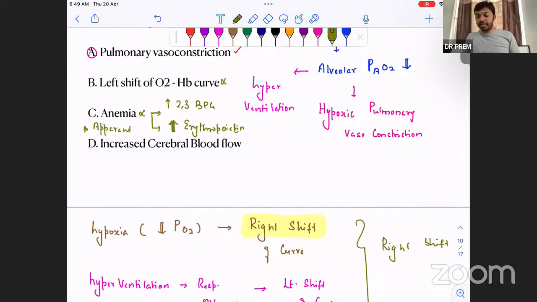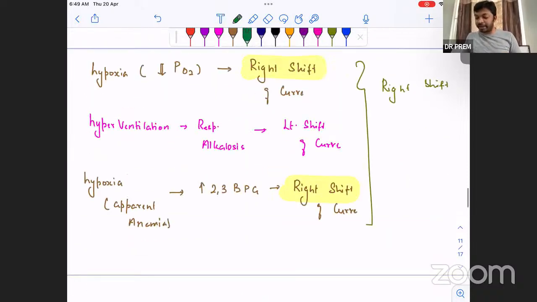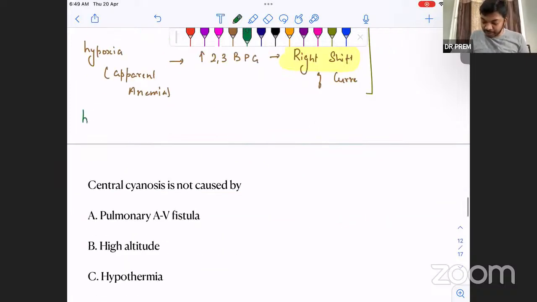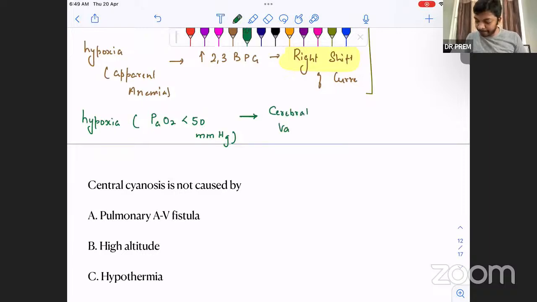Number 4, increased cerebral blood flow. This is one tricky point you have to understand clearly. In case of hypoxia, only when arterial oxygen level falls below 50 millimeters of mercury are we going to see cerebral vasodilatation.